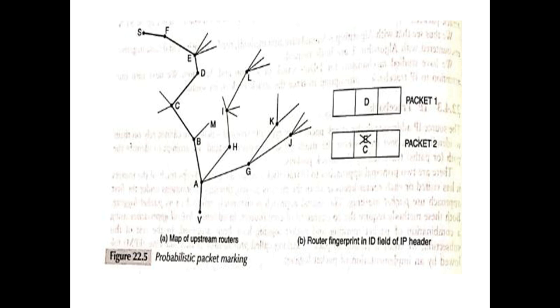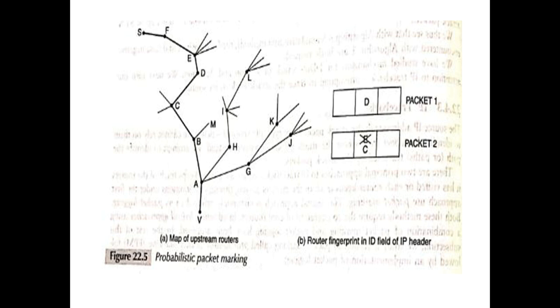Now suppose V is a victim over here and S is a source. V first sends a packet to A, then there are multiple paths available. Now a router fingerprint in the ID field of the IP header: the packet which arrived at D has the value D written, which is not overwritten.